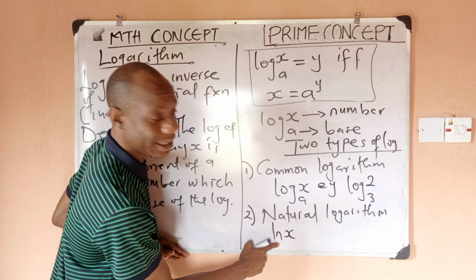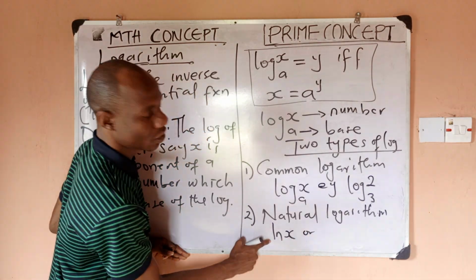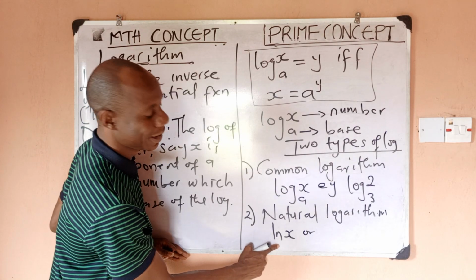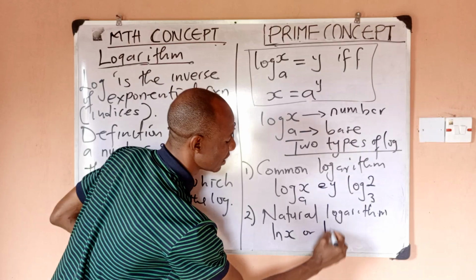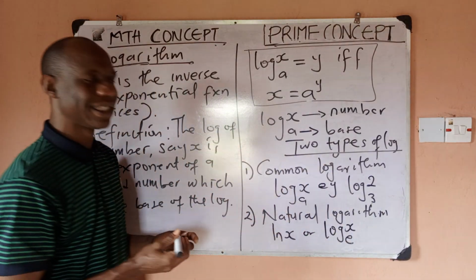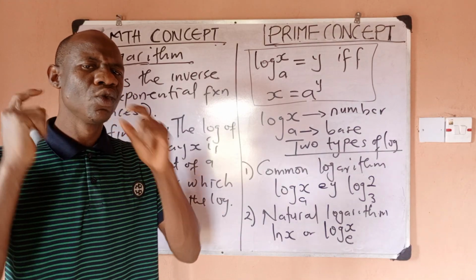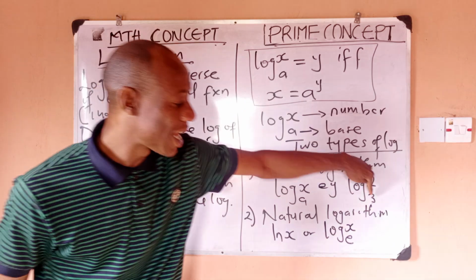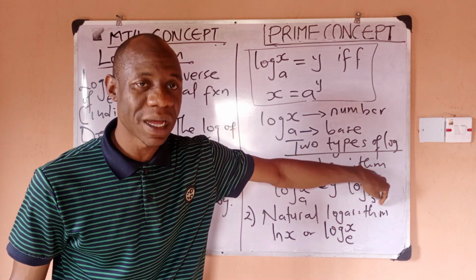Another way of denoting the natural logarithm, if you don't want to use ln, which is pronounced as ln, you can use the symbol log x to base e. So this natural logarithm would always be described with the base e, while our common logarithm can have any number as the base.